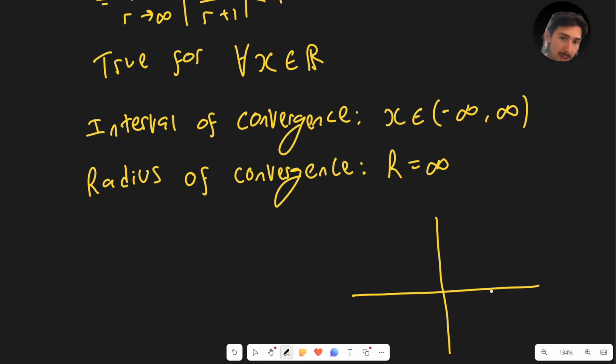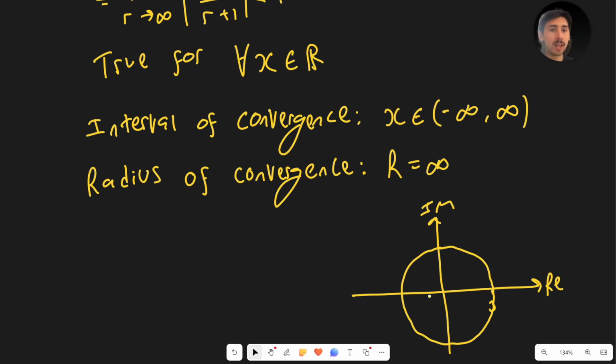Then you could almost imagine it in the complex plane on an Argand diagram, and that's a very bad circle, of course, but here's our real axis, here's our imaginary axis, if you know anything about complex numbers. And so it literally is a radius, it makes a circle. Any complex number inside the circle converges, any complex number outside the circle diverges. And that's why it's called radius.